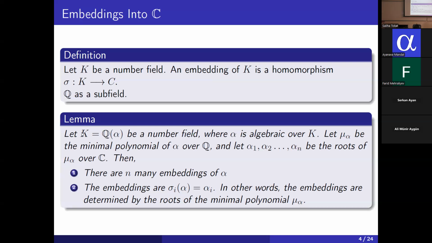Here we have an element alpha which is algebraic over K. The lemma tells us that we can determine these embeddings by using the roots of the minimal polynomial of alpha. If we have the n roots in the complex numbers of this minimal polynomial, we have n embeddings, and these are determined by the complex roots.